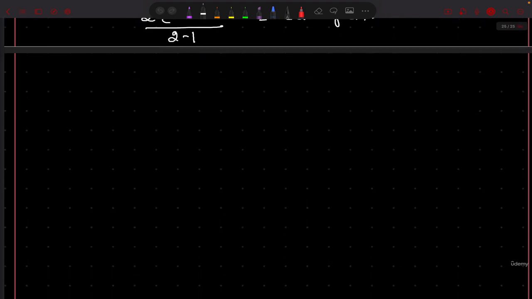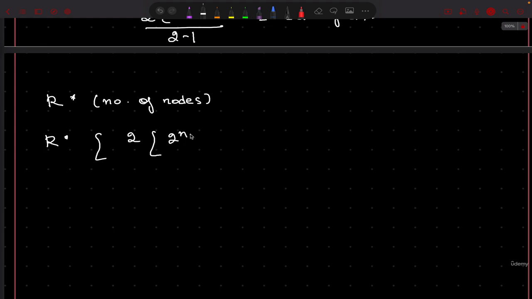If I write it down, the total work which I have is k into the number of nodes. Now, the number of nodes we have very fabulously calculated, and it's going to be 2 into 2 to the power n plus 1. Oh, sorry, my bad. 2 to the power n plus 1 minus 1, right? This finally becomes 2k into 2 to the power n minus 2k, right?